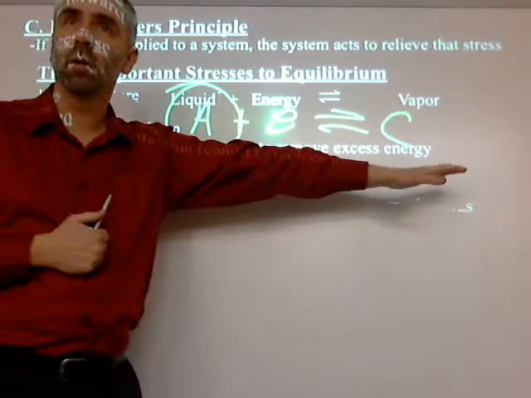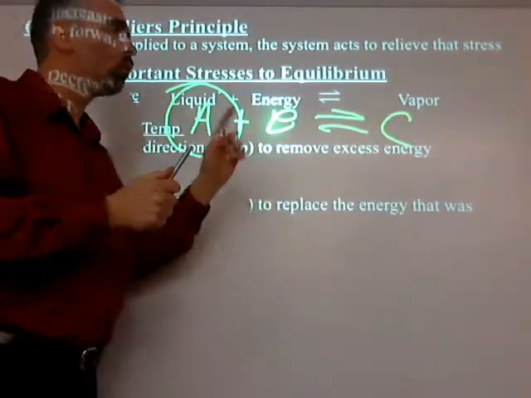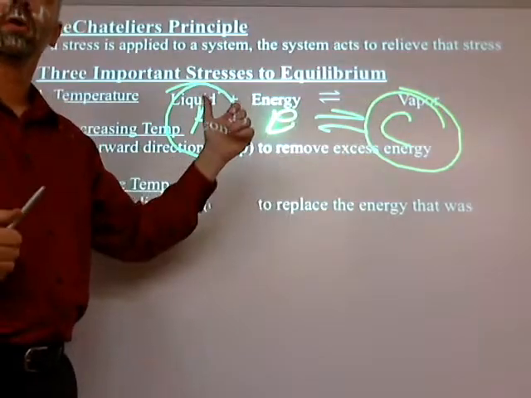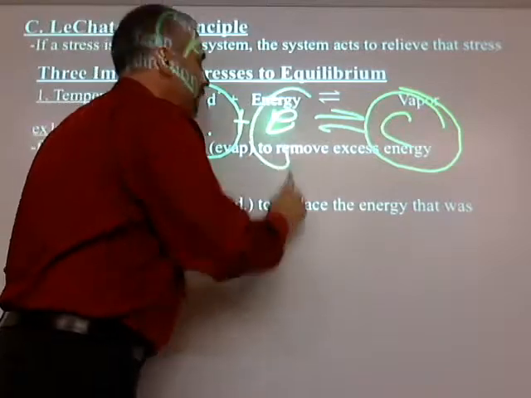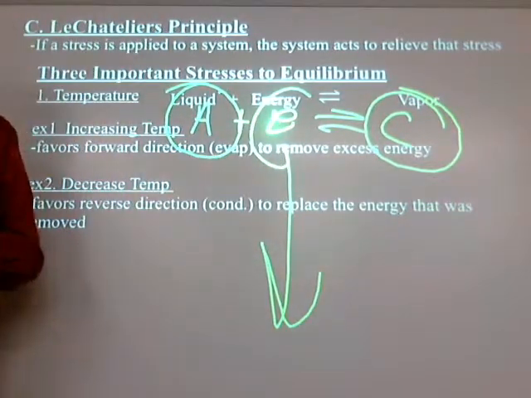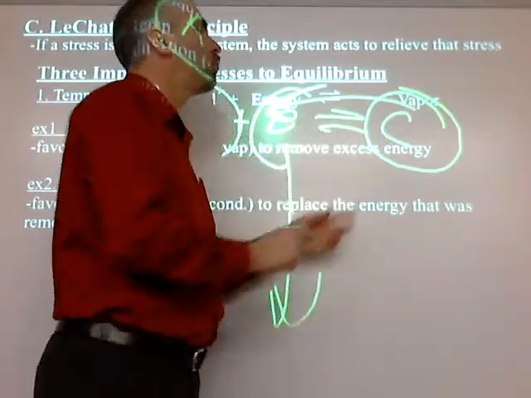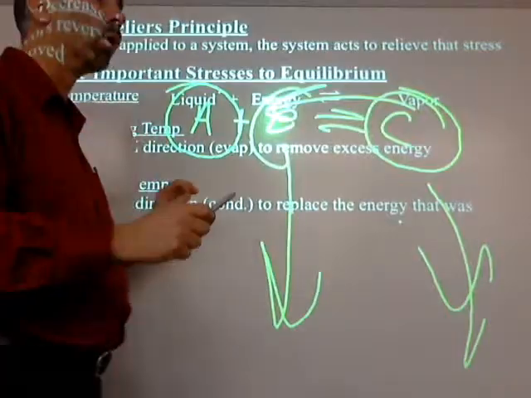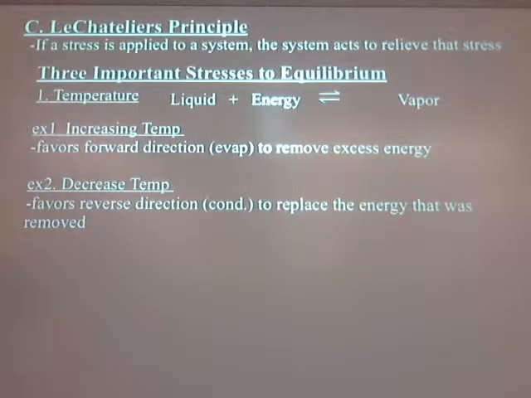Everybody agree it would be forward? We try to get rid of that A. What way would be favored if I added more C? Reverse. Which way would be favored if I removed B? Now you broke it. Reverse, because it's going to try to replace it. Which way would be favored if I remove C? Forward. That's what LeChatelier's principle comes down to in a nutshell.